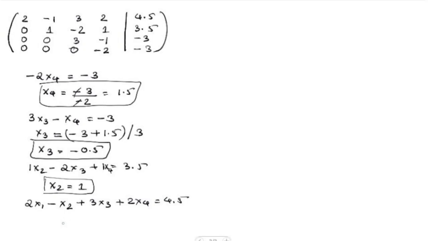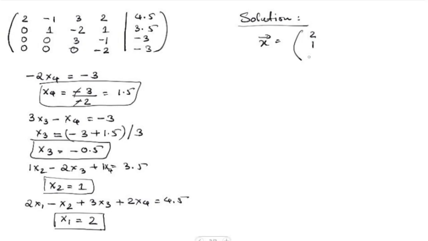If you solve that by replacing all the values for the x's that we received until now, you will get x1 is equal to 2. So you can say that the solution vector x is equal to 2, 1, minus 0.5 and 1.5.